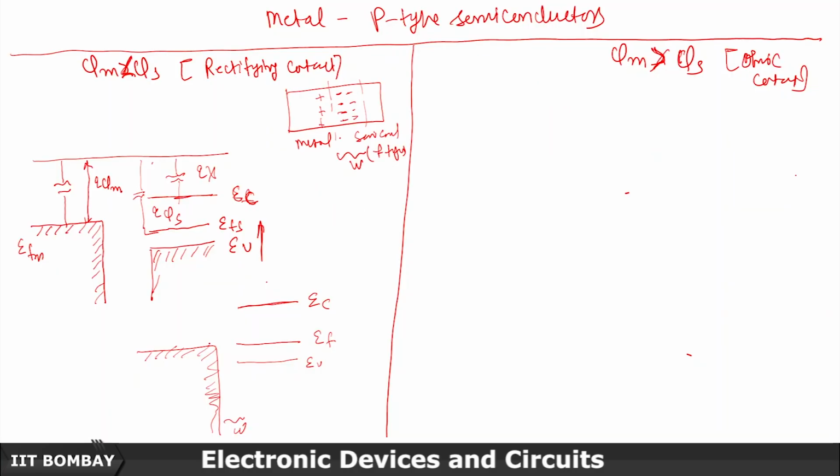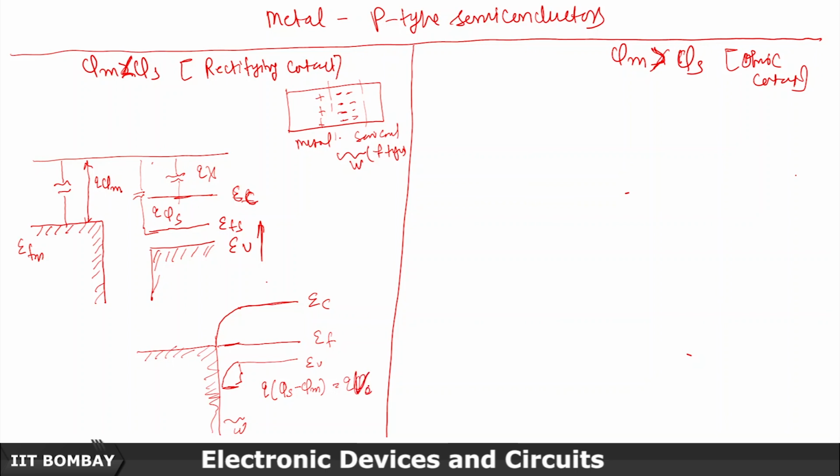Let's connect them. Right, so this potential difference is there, which is equal to Q phi s minus Q phi m. So this is the contact potential.